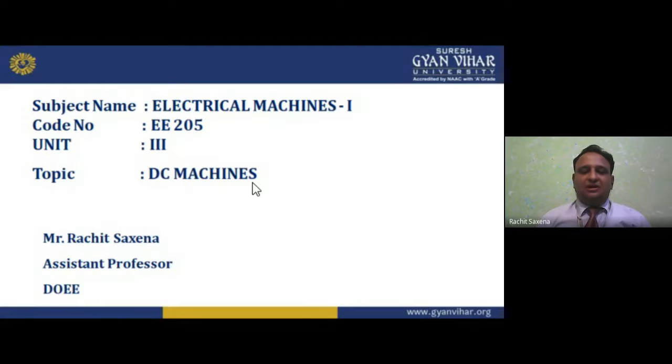And what is my objective? Before the objective of this lecture, I want to revise the whole thing. In Unit number one, we studied the magnetic field and magnetic circuit. In magnetic circuits, we have two types: series and parallel.